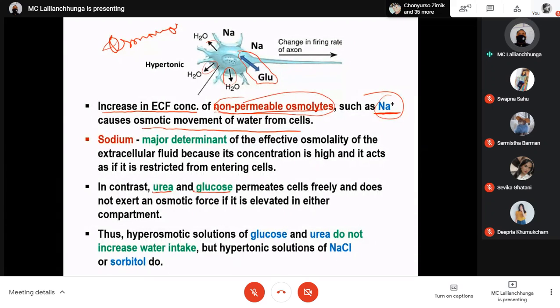But after some time you are adding more sodium to the bloodstream again. So again the same thing will happen here. More accumulation of sodium will take place near the osmoreceptor. It will cause osmosis of water again.